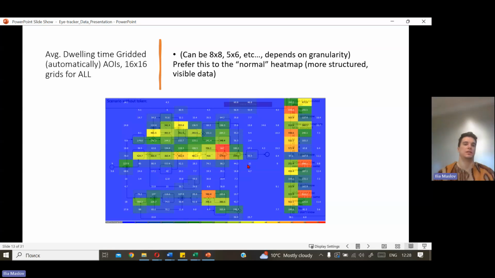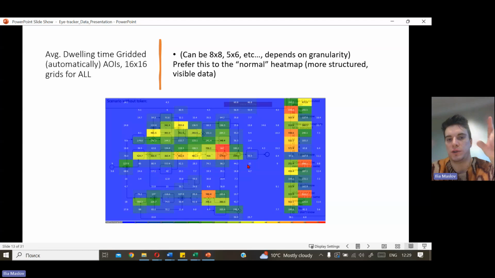Then this one is the analysis I suggest you use, because for the model specifically, it's nice and interesting, because first of all, it's areas of interest. So you have this grid. In this case, it's 16 by 16. And then it automatically does the calculations for you.